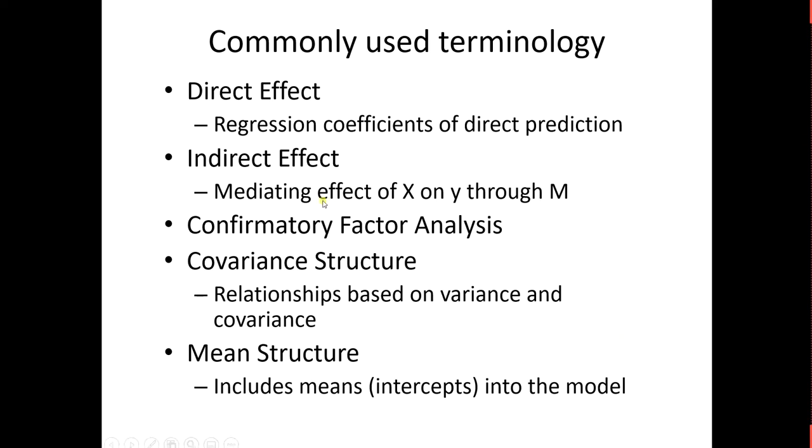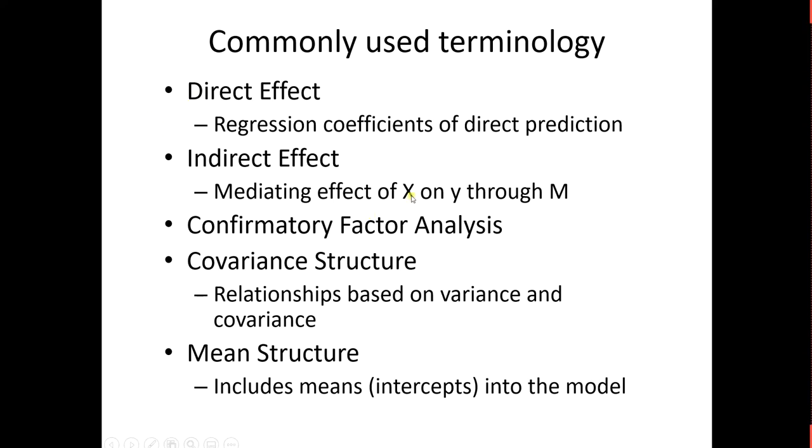But if we assume that the variation in the outcome variable is to some extent linked with the predictor variable, but to some extent it is also linked with the effect of the predictor variable on a third variable, which is often called a mediator, then that type of effect will be called an indirect effect.